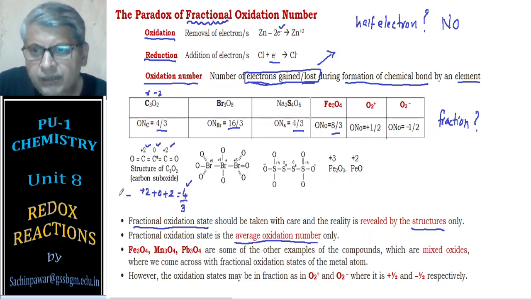So the oxidation number will be 4 by 3 for carbon.